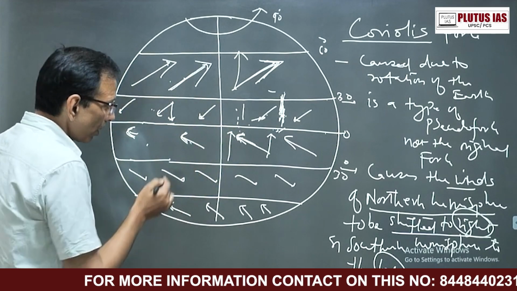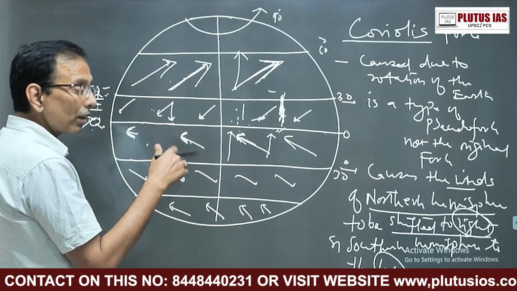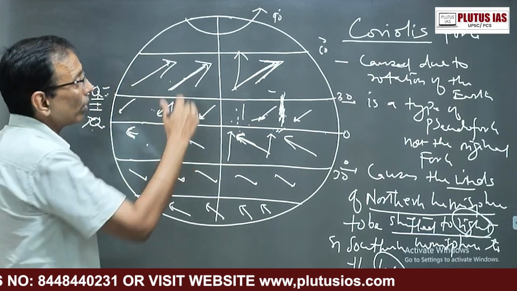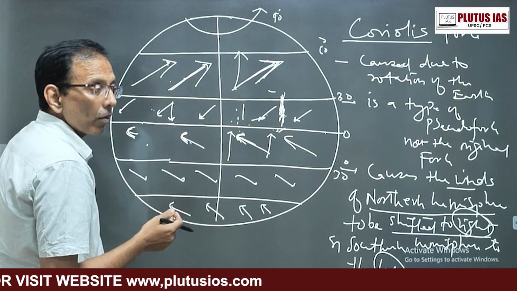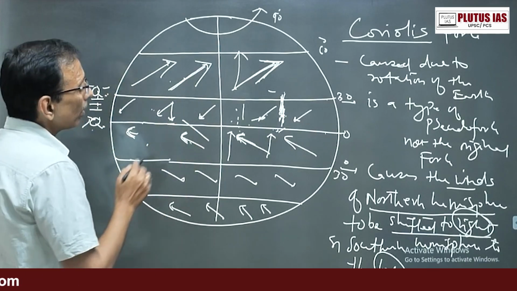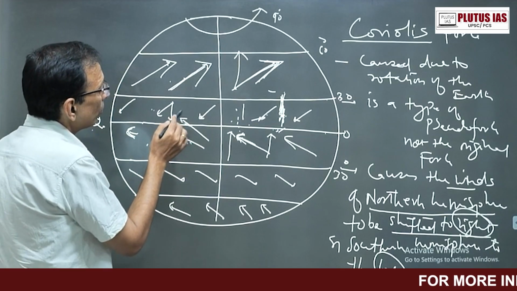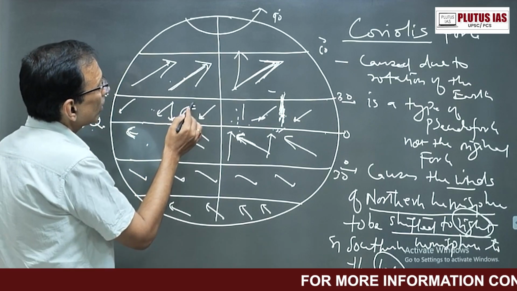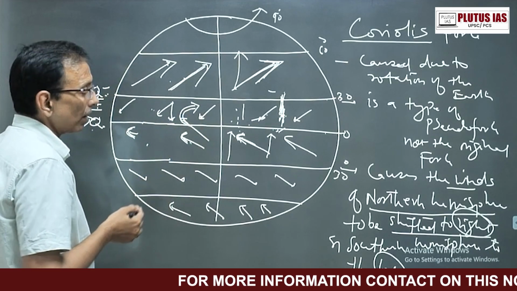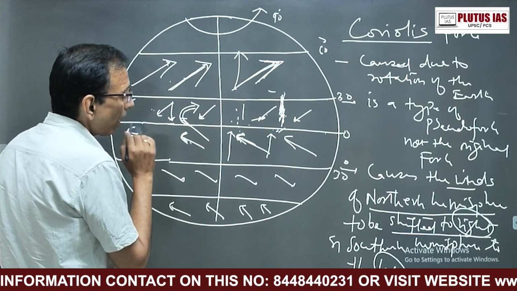But when it comes to the northern hemisphere, there is another factor, which is called the rotation of the Earth, which impacts the wind coming from the southern hemisphere and will lead to a change in its direction. It will come from here and change like this. Why?